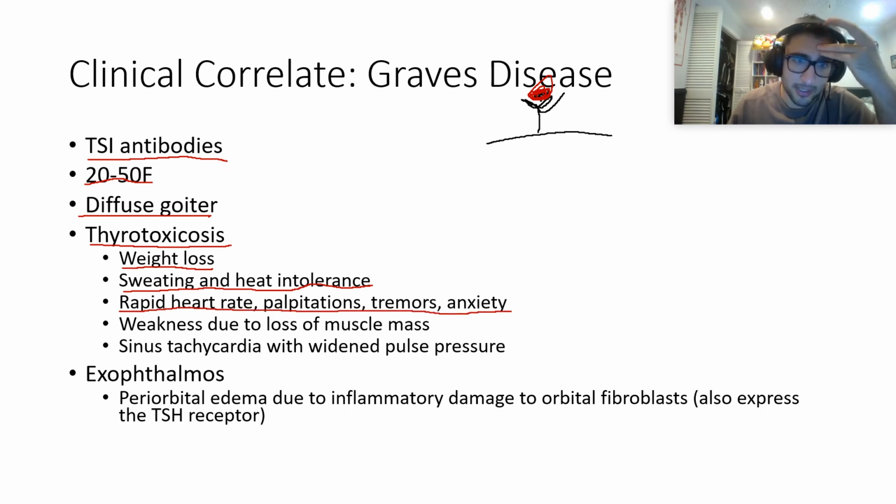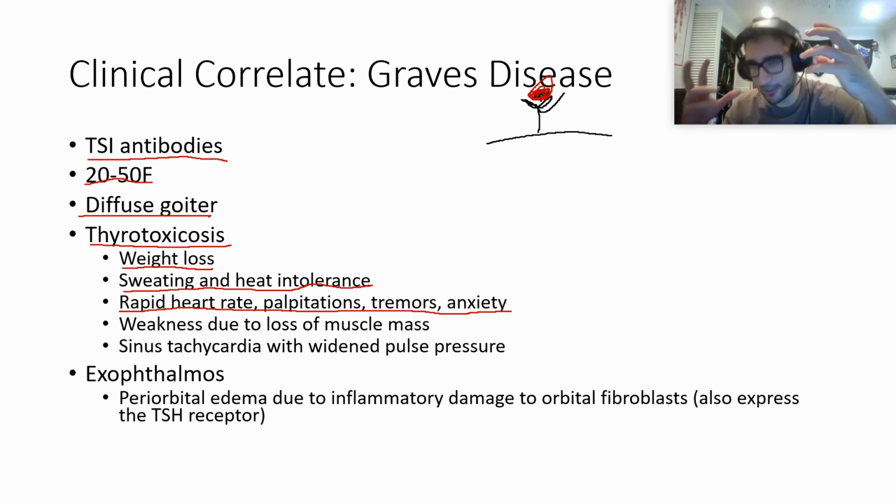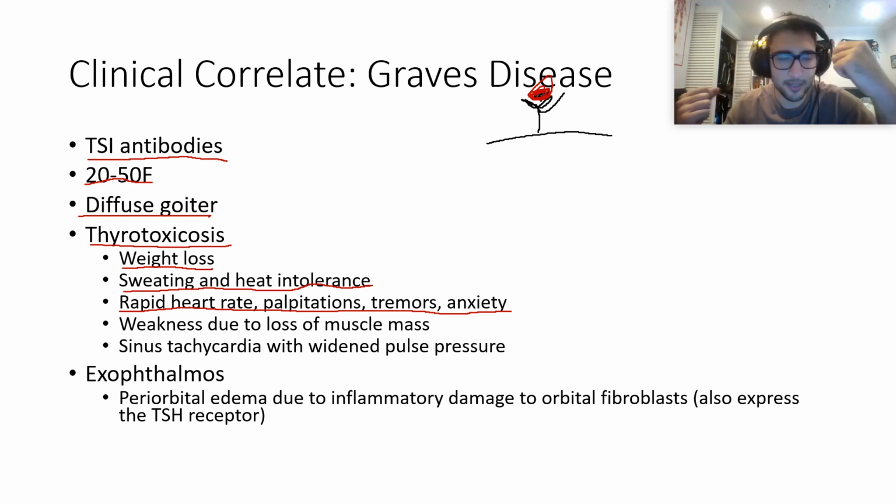I just want you to think that the thyroid hormone, not only does it increase the contractility of the heart and stuff like that, but it's also going to potentiate adrenergic signaling. So everything that would happen with adrenergic, like the fight or flight response, it gets more intense with the presence of thyroid hormone. It's potentiating.